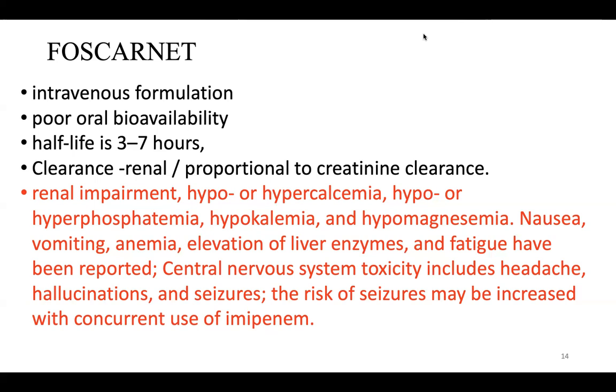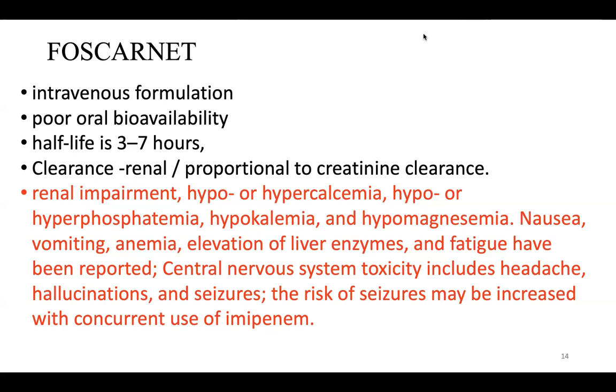Up to 30% of foscarnet may be deposited in bone with a half-life of several months. Clearance of foscarnet is primarily renal and directly proportional to creatinine clearance.